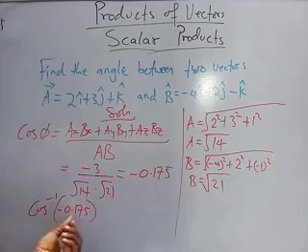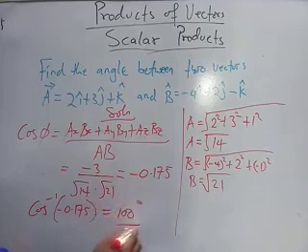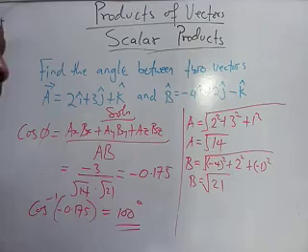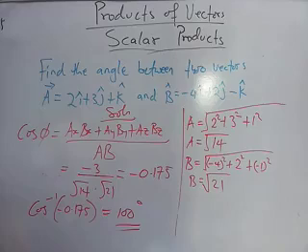Cos inverse of 0.175 is approximately 80, and getting 80 in the second quadrant gives us 100 degrees. It's cos 100, the angle between 90 and 180, that will give you this value, minus 0.175.